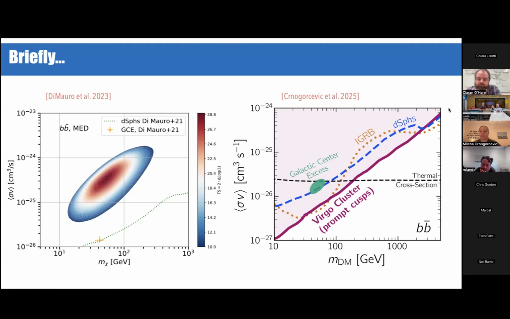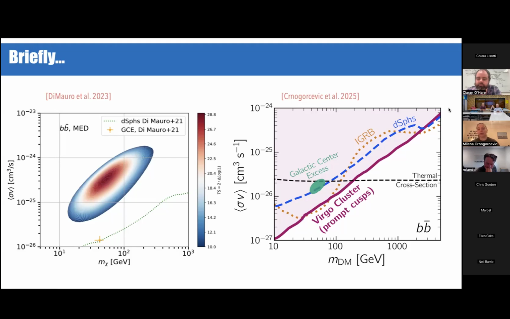Those will have effects on disrupting the stability of these prompt cusps, and where they reside, so they would maybe preferentially be outside of the star-forming regions. But we didn't do that yet. So this is maybe a little bit of an optimistic result that we report here. Although in the case of Virgo, I believe that it's okay.